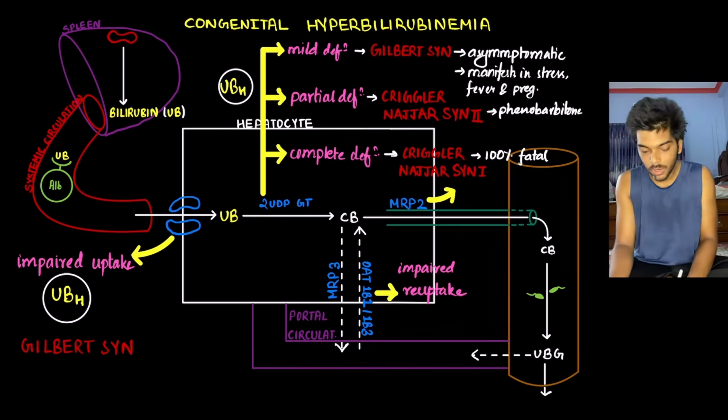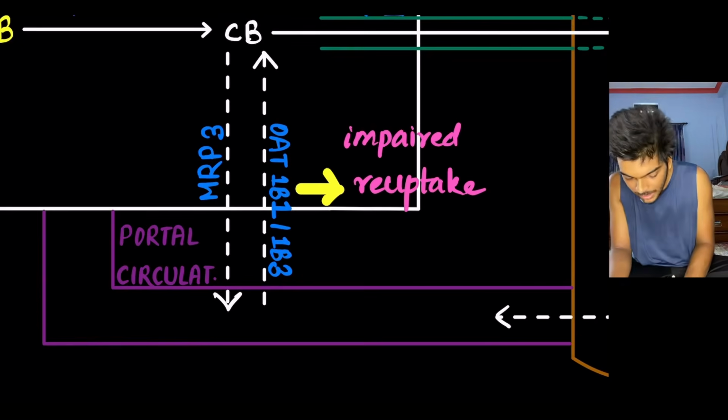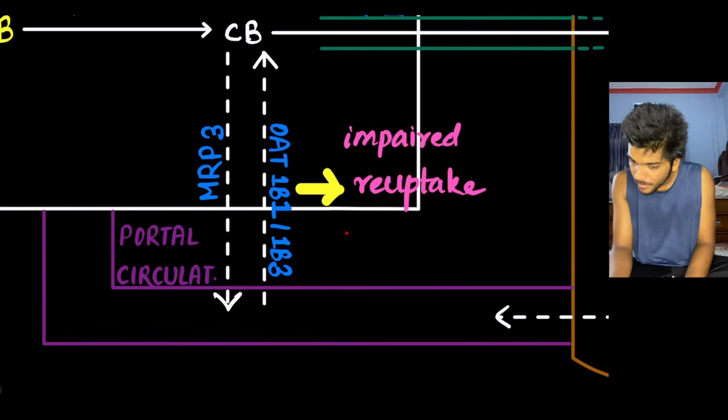Mutation in transporters OAT 1B1 and 1B3 causes impaired reuptake, and such mutation is seen in which syndrome? Come on. Gilbert? No, it is seen in Rotor syndrome.